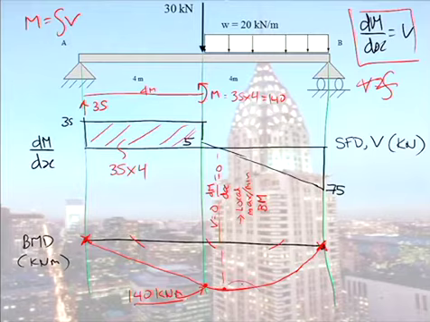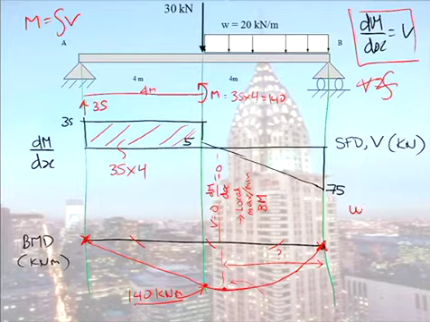How do you calculate this value here? You cut it, but where do you cut it? You don't know exactly where to cut it because you don't know that dimension or the other dimension, do you? But we do know that dimension, don't we? How do we know that dimension?